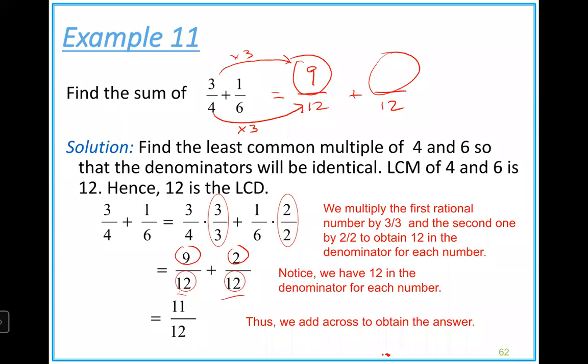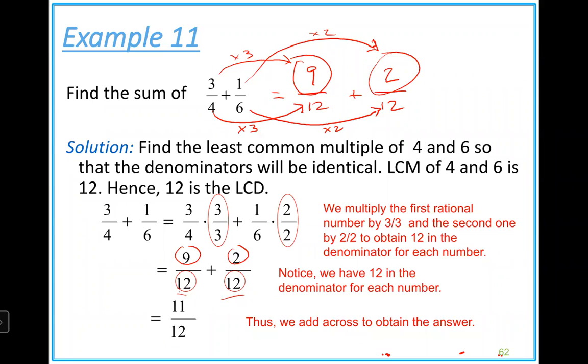Now, when you go from the 6 to 12, what are you multiplying by? 2. So when you go from the 1 to this, you have to do the same thing, times 2. So what should be on top here? Should be 2, 2 times 1 is 2, right? Right. Okay.